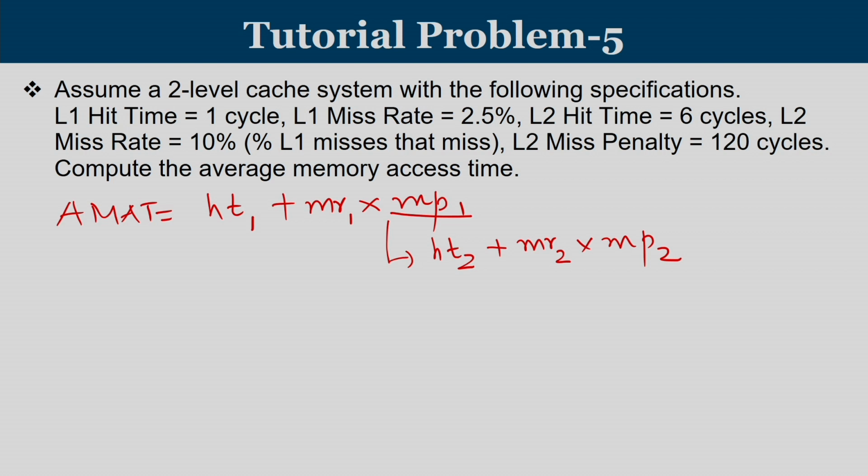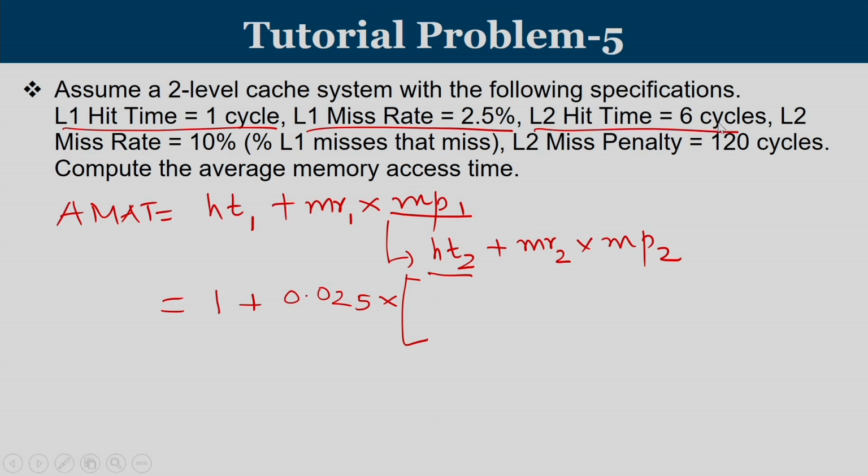What is the hit time of L1? L1 hit time is 1 cycle. So, it is 1 plus the L1 miss rate, which is 2.5%, so 0.025, into the miss penalty of L1. That is not directly given, we have to compute it. It depends on the hit time of L2.